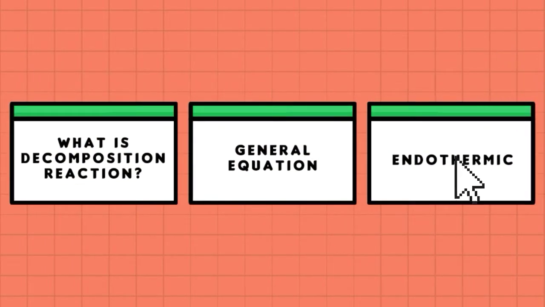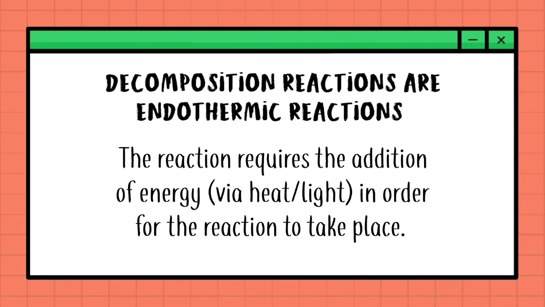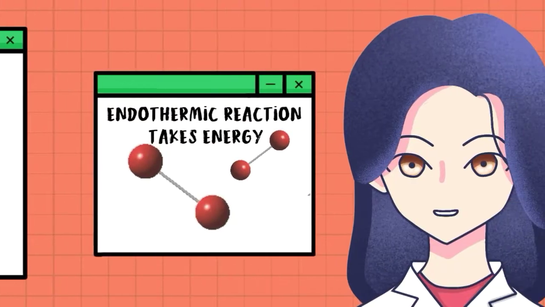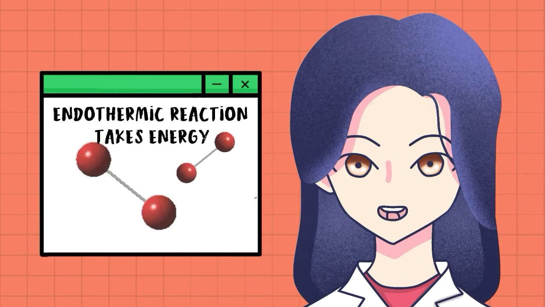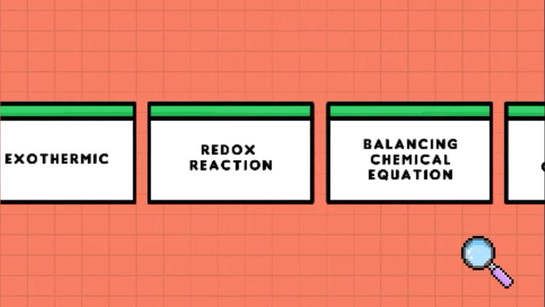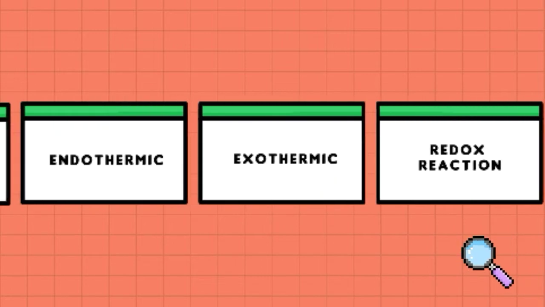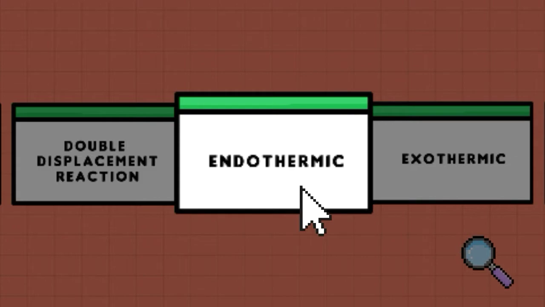Decomposition reactions are endothermic reactions, which means the reaction requires the addition of energy via heat or light in order for the reaction to take place. This is because it takes energy to break bonds, while forming bonds produces energy. So, I will give a very small recap about endothermic reactions.